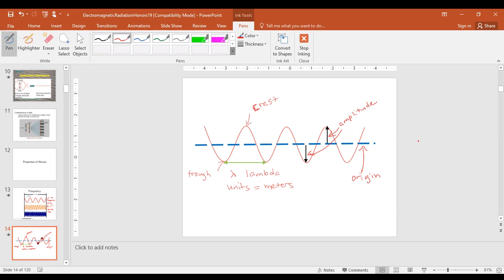Okay, now what I want to do is go over the equation that will relate the wavelength and the frequency of the light to the speed of light. So let's go to the next slide.